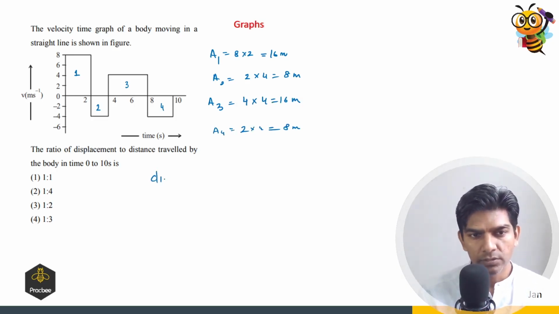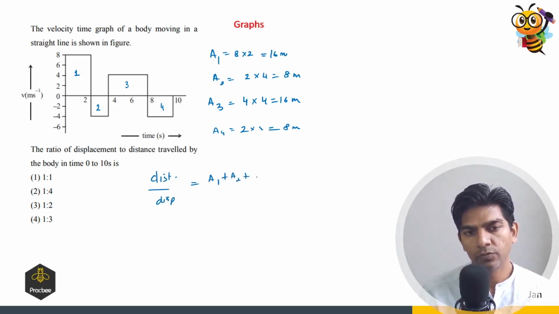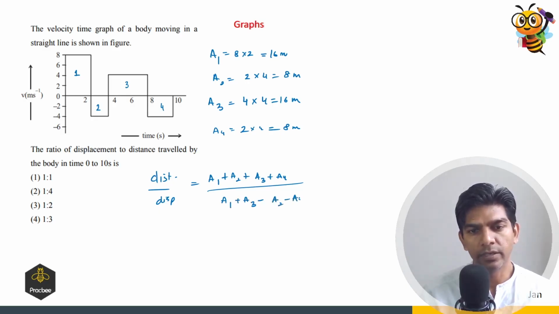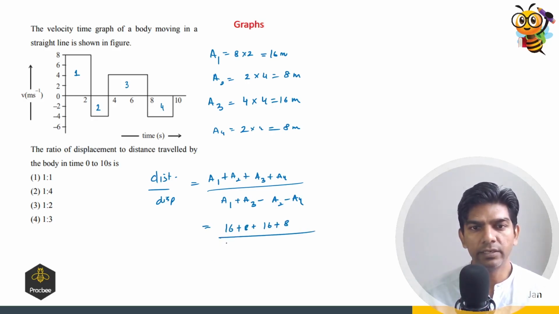So for the ratio of distance to displacement, distance will be nothing but the sum of all these areas, A1 plus A2 plus A3 plus A4, and displacement will be A1 plus A3 minus A2 minus A4. So it comes out to be 16 plus 8 plus 16 plus 8, divided by 16 plus 16 minus 8 minus 8.